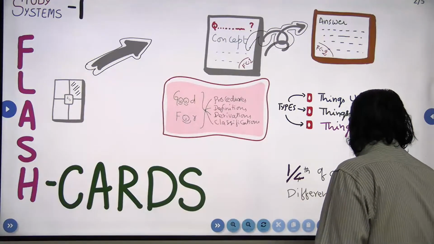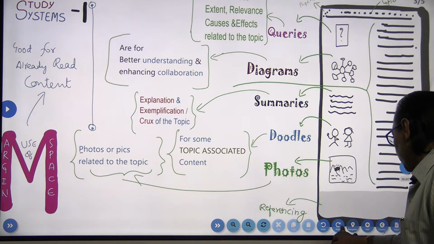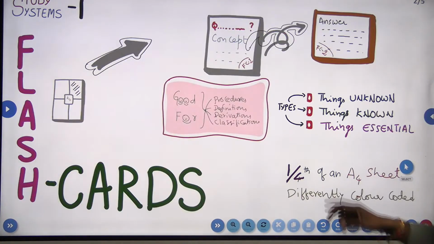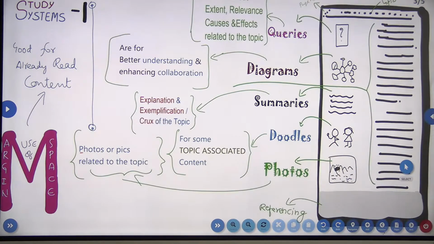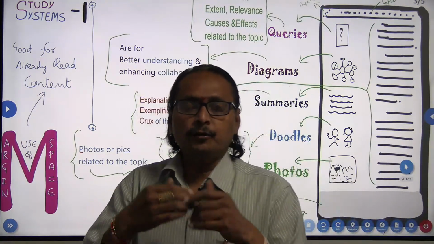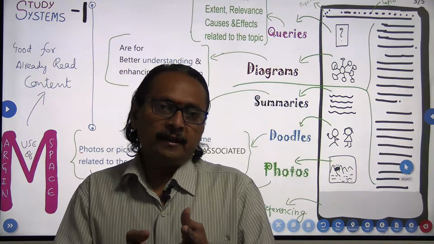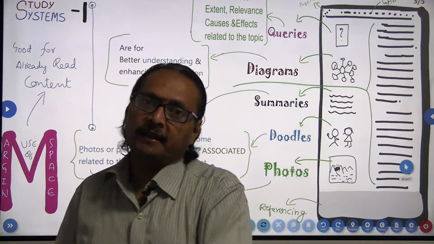Now I take you to the second study system. After flashcards, the next one is using the margin space, which is inside a printed book. Sometimes you are referring to textbooks which are not only the prescribed ones, but are also based on the prescribed syllabus.